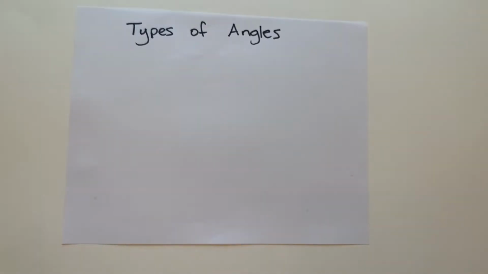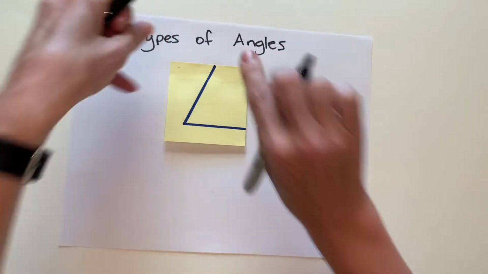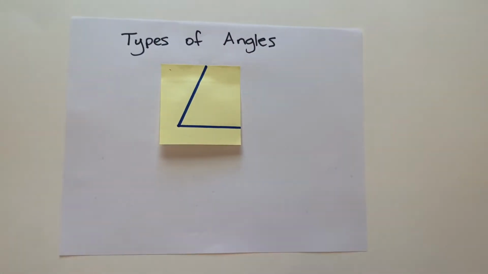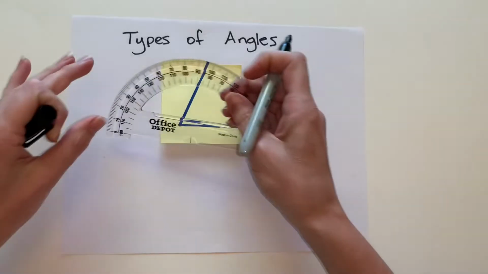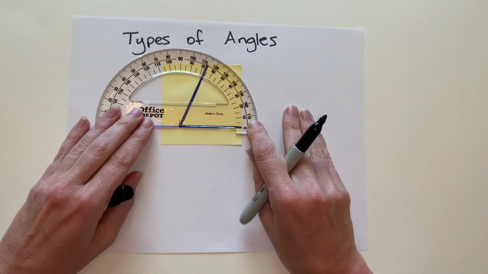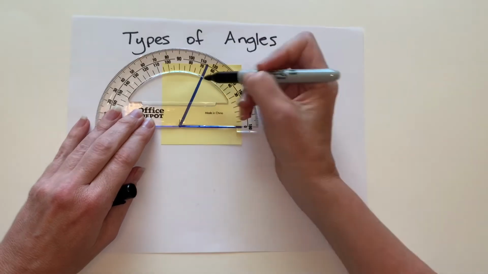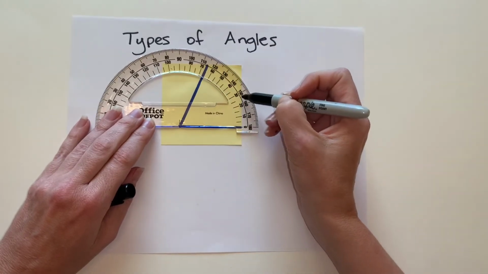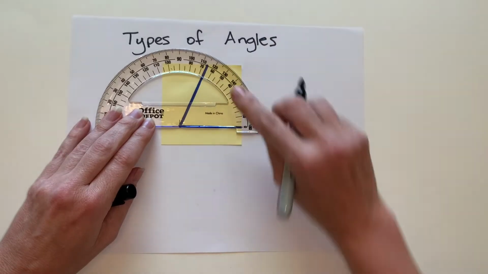The second angle that we're going to talk about is this angle right here. So this angle is called an acute angle. It's going to measure less than 90 degrees. So if I use my protractor again, line it up exactly like I did the last one on its vertex, you will see that if I follow this line around, it's going to be approximately 65 degrees.